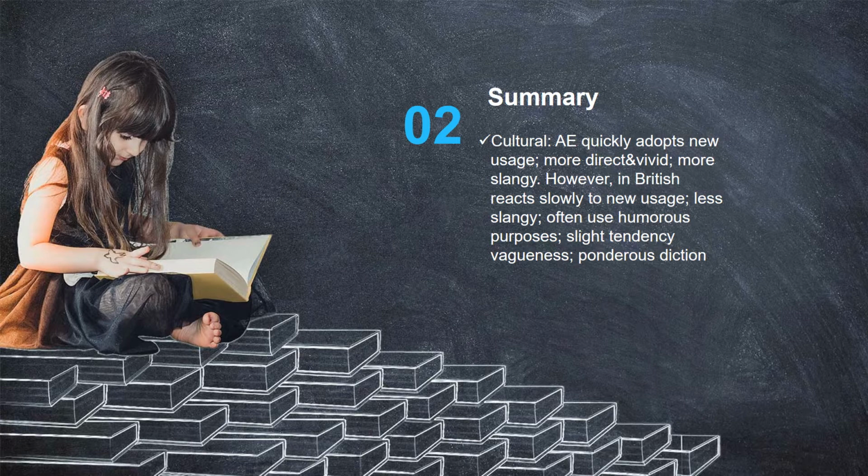So when they want to say something, it's just like kidding, maybe they often say jokes. And the next is slight tendency, vagueness, and thunderous diction. It means a little unclear and a slow response.